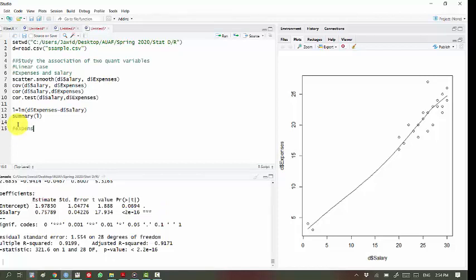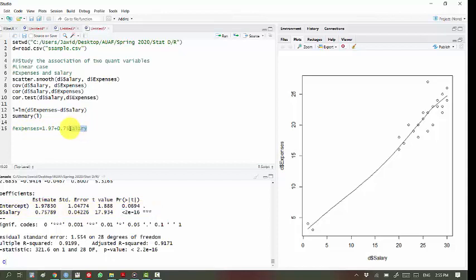You can write expenses is equal to the intercept, 1.97, plus 0.75 salary, and this 0.75 is significant because the p-value is almost 0. What does this indicate? This indicates that expenses equal 1.97 plus 0.75 times salary.